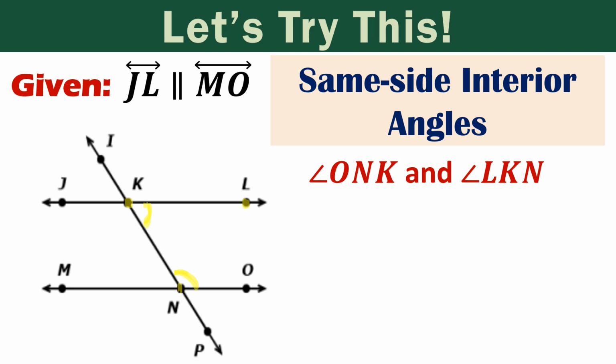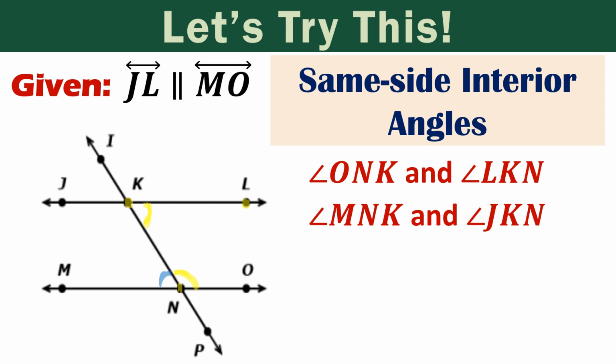Alright. Next, we have MNK and JKN. So JKN, we have J, we have K, we have N. So this angle. Alright. Now, we're done.